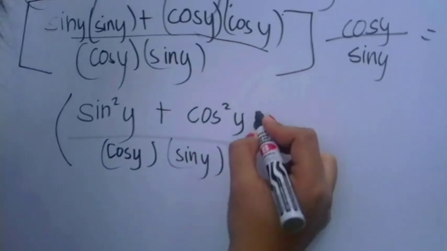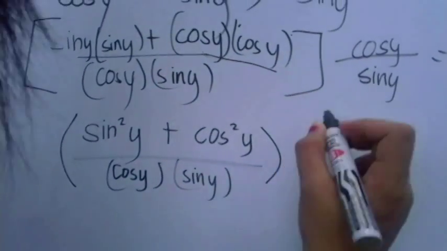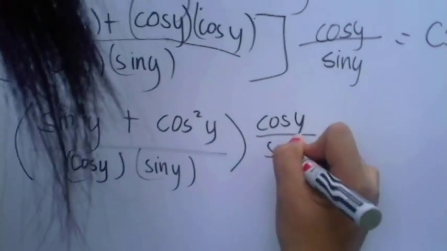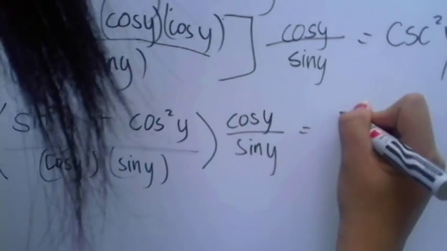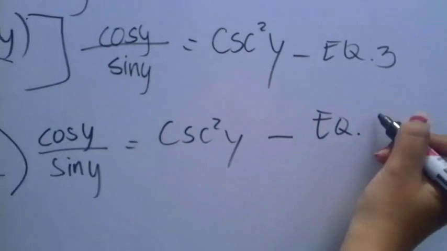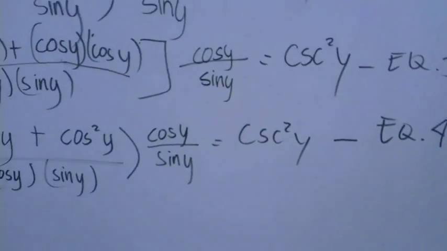Again, we just put a quantity here, then copy this one, cosine y over sine y is equal to cosecant squared y. This is our equation number 4.